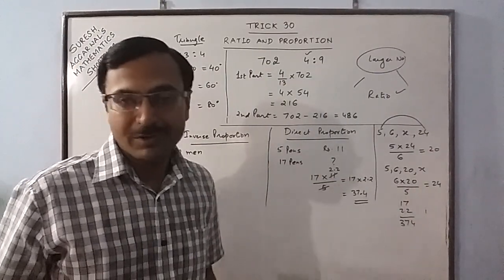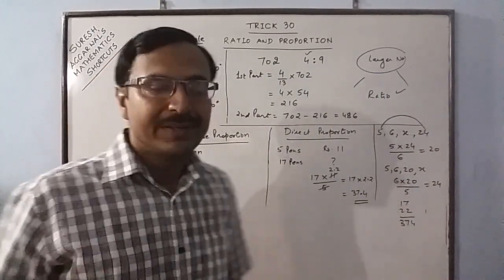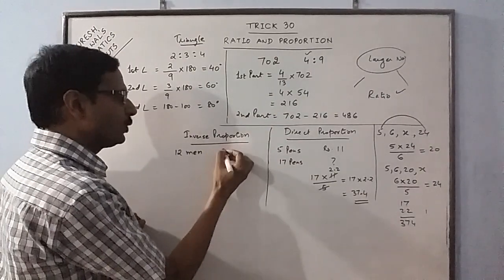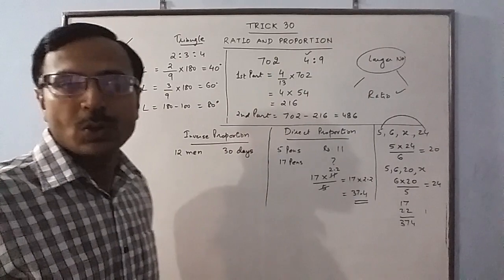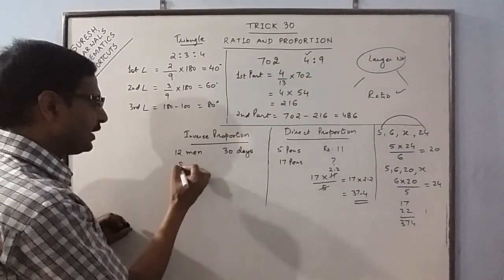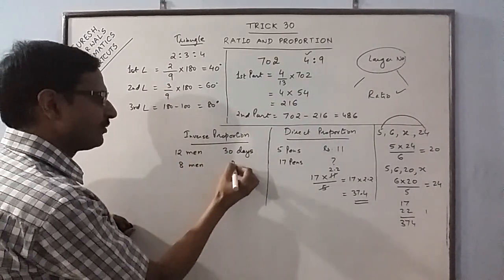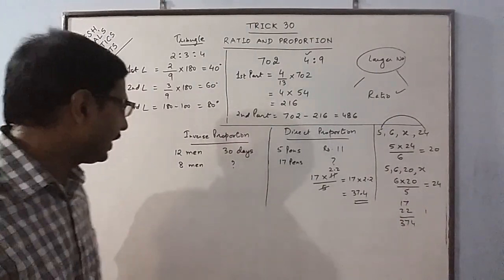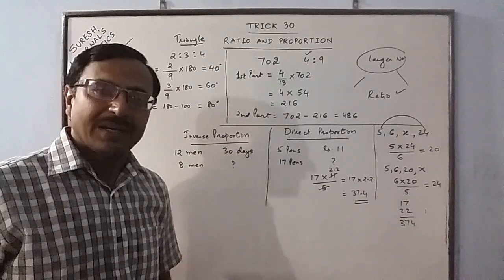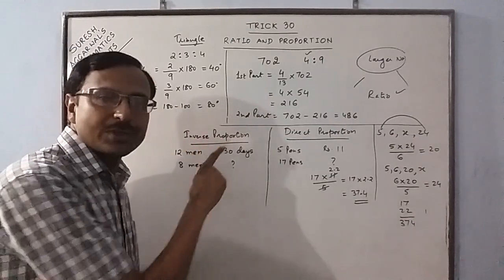Again, this piece of work, time and work questions are very important. Suppose 12 men are there and they can do a piece of work in 30 days. Now if the men are reduced to 8, how many days will it take for 8 men to complete the same work? Now see, it is an inverse proportion question. Why?